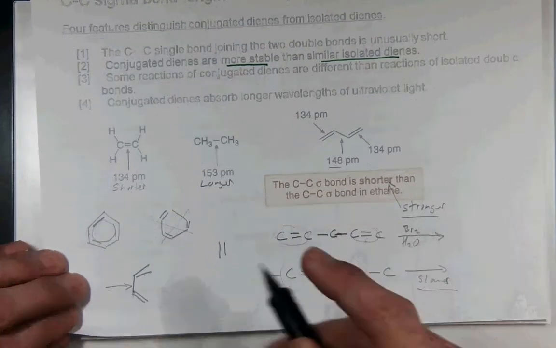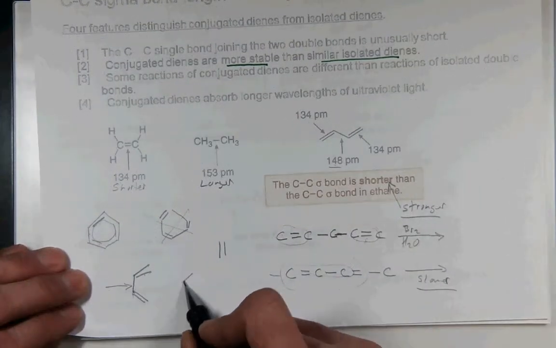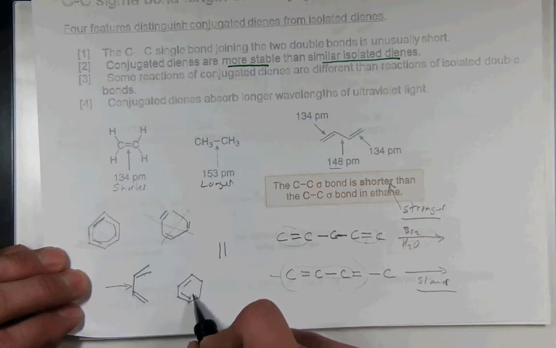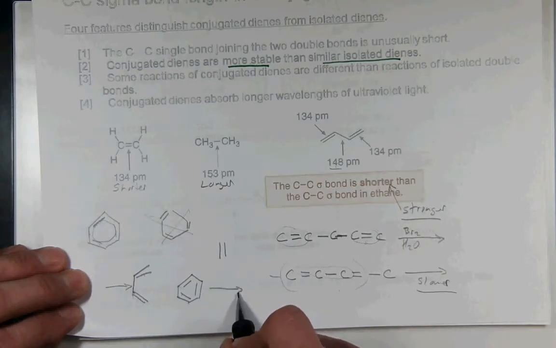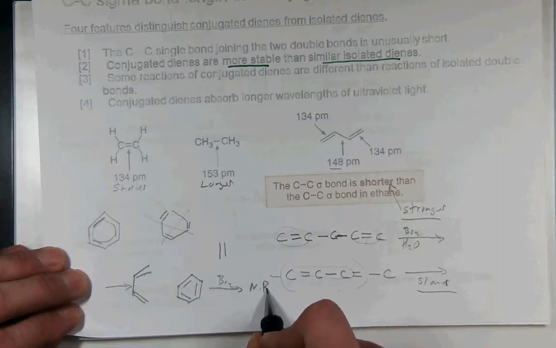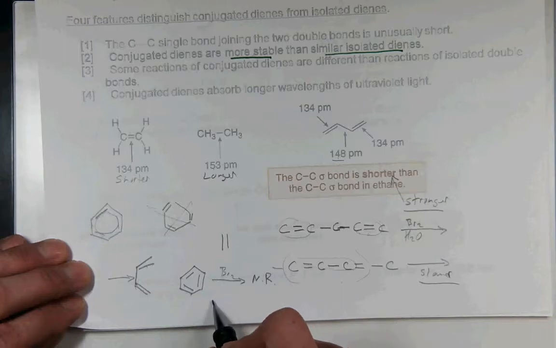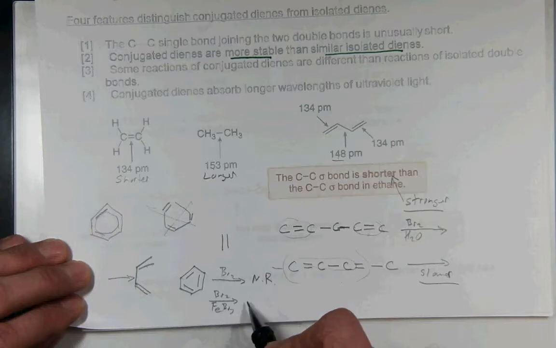You see the same sort of thing with benzene. Remember benzene, you draw it as a Kekulé structure. If you were to add bromine to this, you get no reaction. You can do this if you add a catalyst like iron bromide, but you do not get the addition reaction.